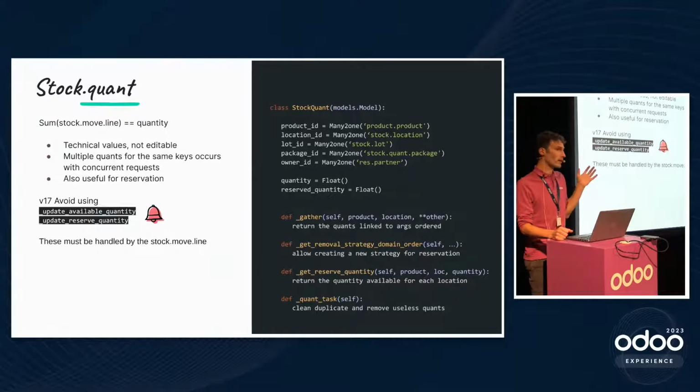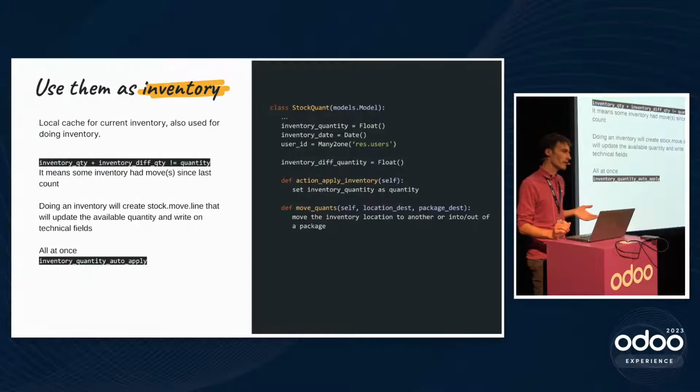So this is the most technical model we have. We try to not update the quantity manually. There is one exception. If you want to make some inventory adjustment, you can load the list view of every quant to have the inventory you currently have in stock.